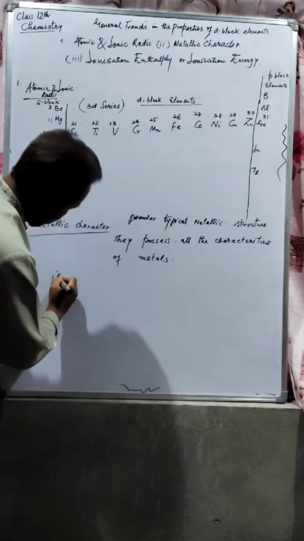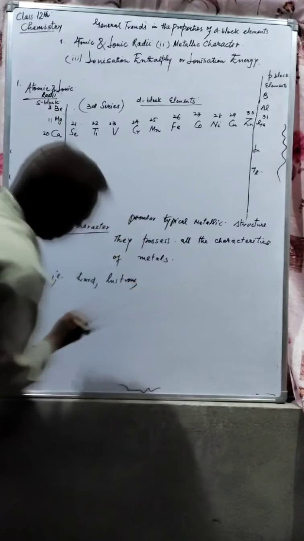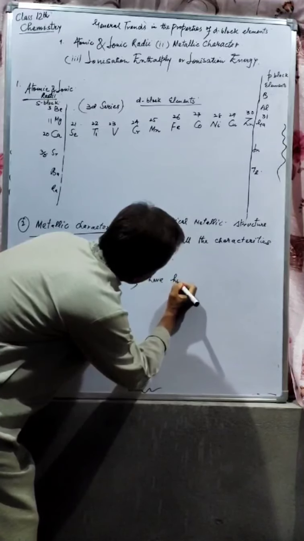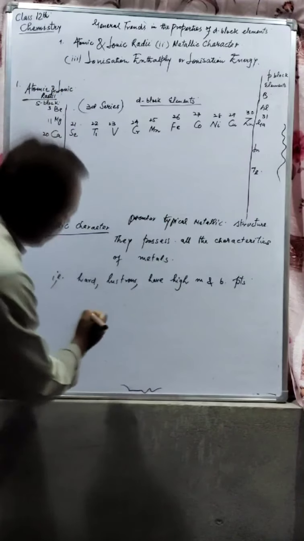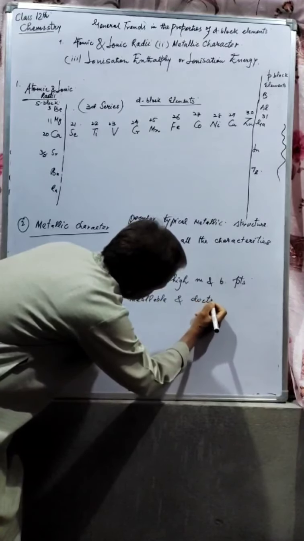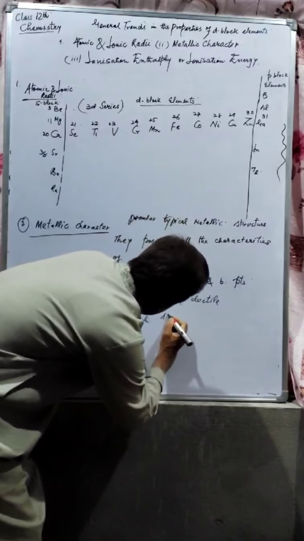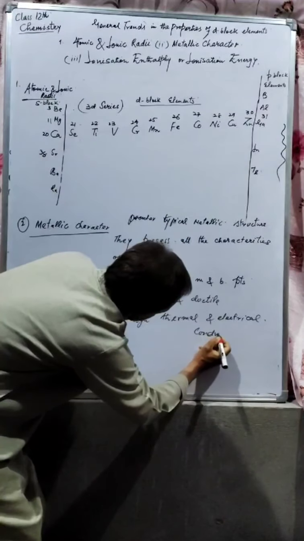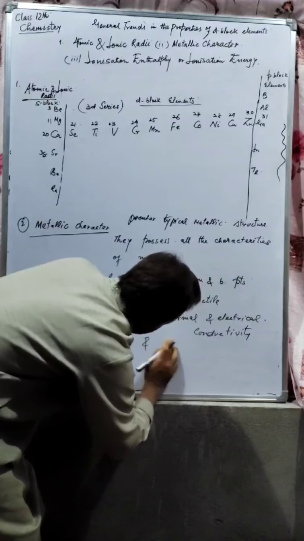That is, they are hard, lustrous, have high melting and boiling points, are malleable and ductile, have high thermal and electrical conductivity, and tensile strength.